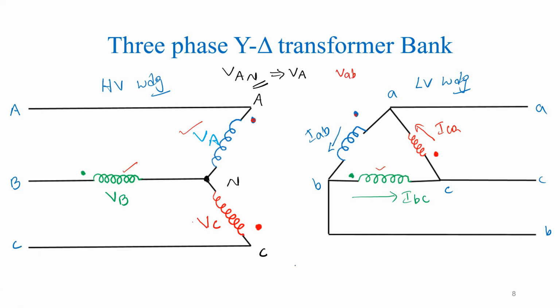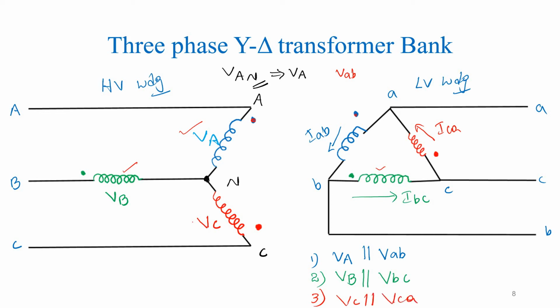We can write three relations. First one, the voltage VA is parallel to the voltage measured across the A and B terminals. VB is parallel to VBC. And third, the VC voltage will be parallel to VCA.